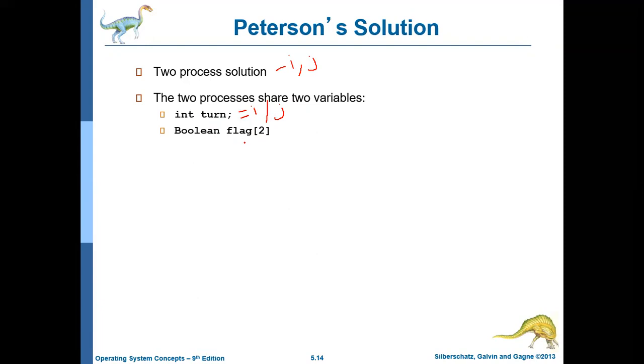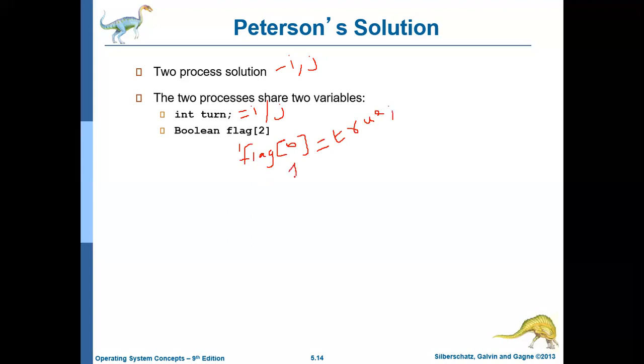Basically it is an array. There are two locations in this array, so you can consider this as flag of 0 and flag of 1. Flag of 0 will be true if the ith process wants to enter the critical section right now.